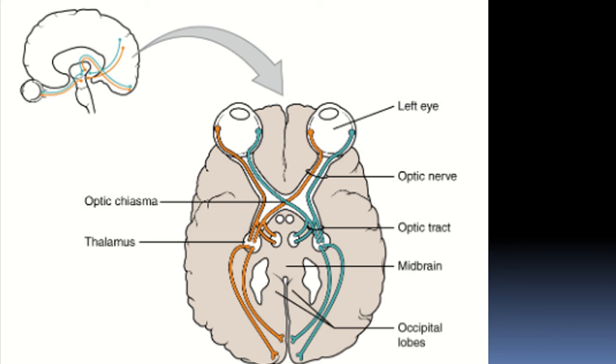For example, looking at this picture of the brain and the eyes, closest to the eyes, those axons are the optic nerve. And then as you get closer toward the internal parts of the brain or the central nervous system, the optic nerve seamlessly transitions into the optic tract.